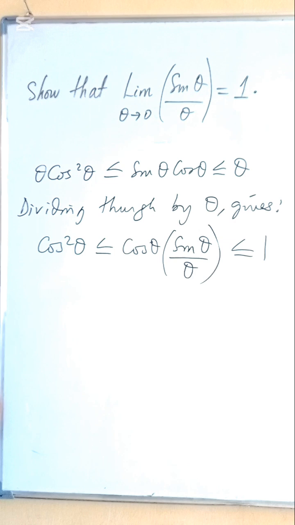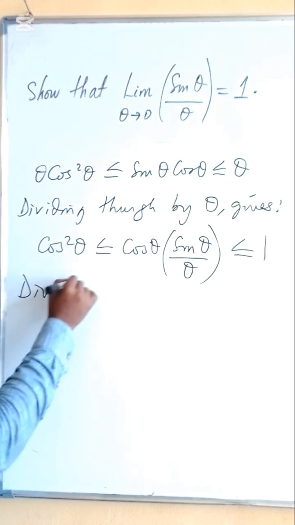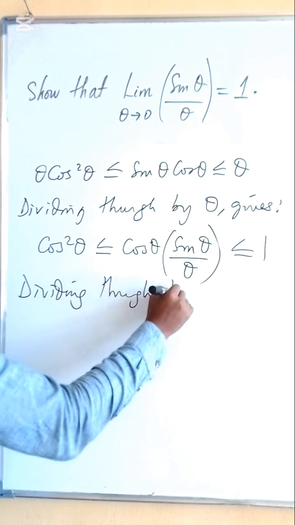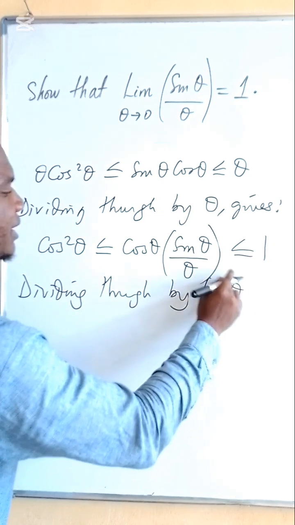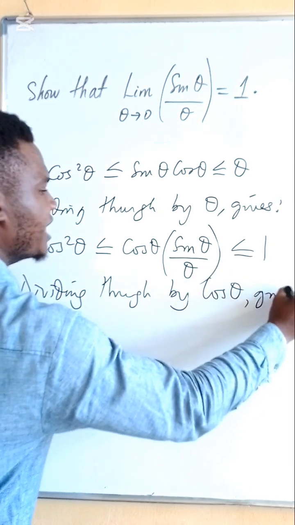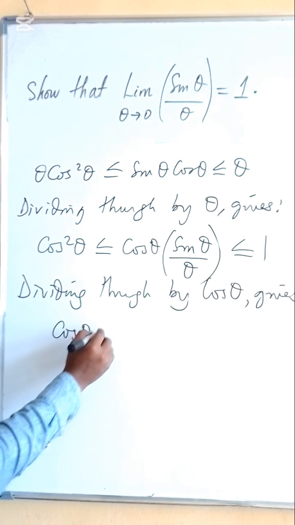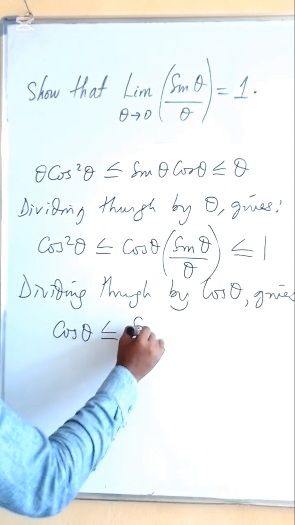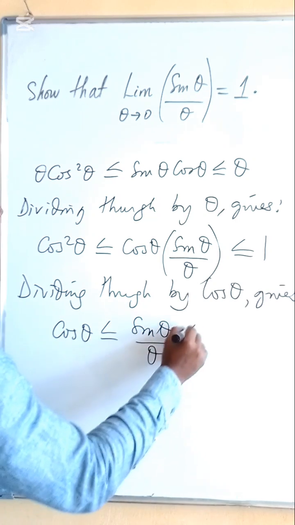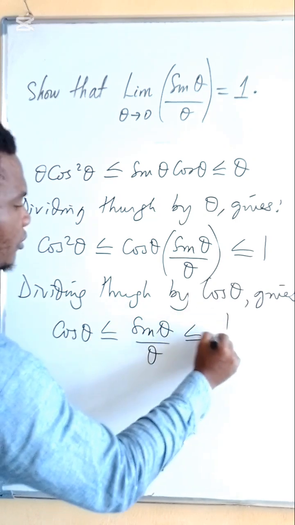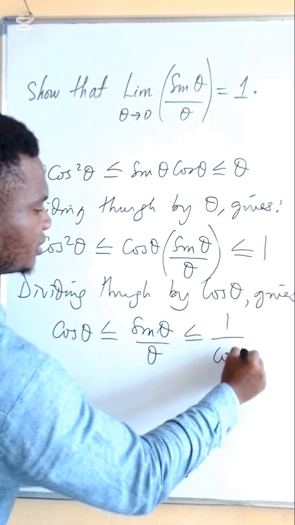Now, because of my result, the next thing I want to do is divide through by cos theta. If you divide through by cos theta, you end up having cos theta less than or equal to sine theta over theta, less than or equal to 1 over cos theta.